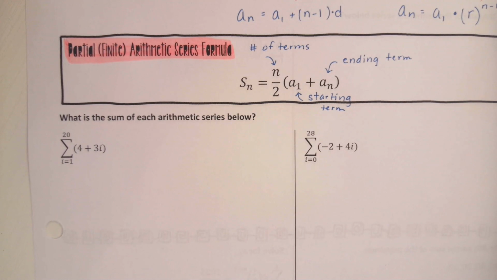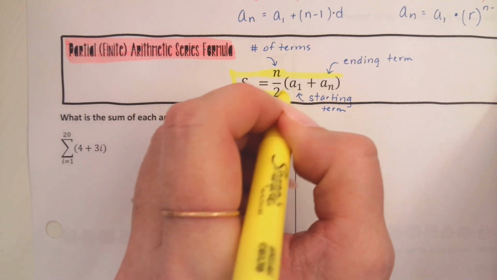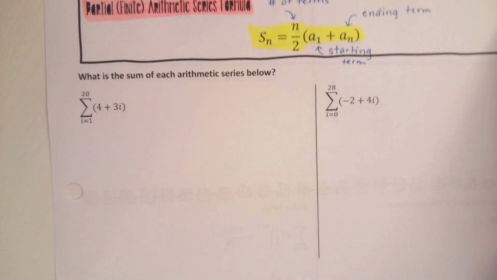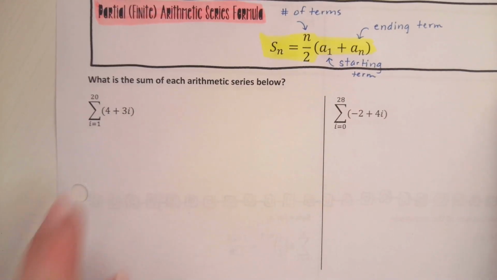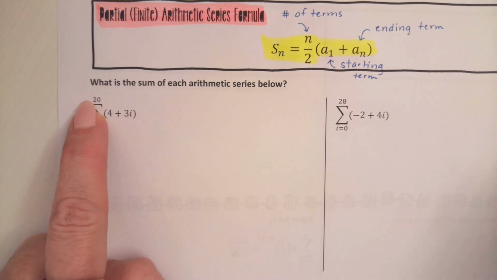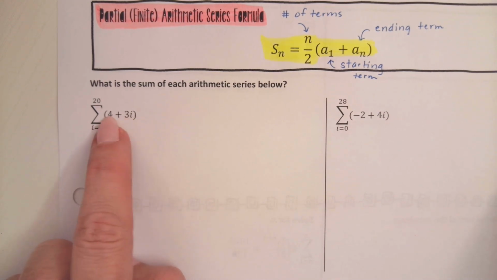Okay, so the first two we've got are written in summation notation, which we kind of talked about last time. So we'll have to interpret the summation notation into what we need to plug in to our little formula here. Looking at the first one, this summation notation says we need to add up the first term through the 20th term. And I can tell this is arithmetic because this is a little linear function here.